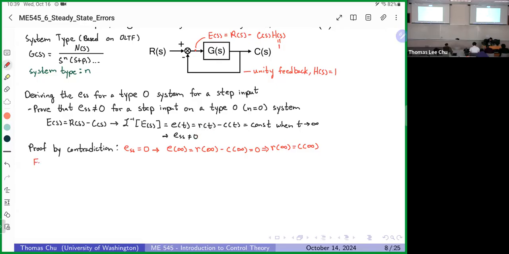For a step input, this means that R of t is equal to 1, which is non-zero for t greater than 0. Therefore, C at infinity is non-zero.